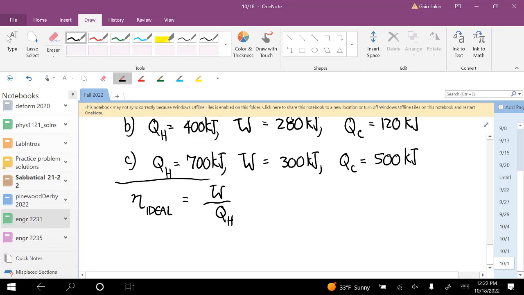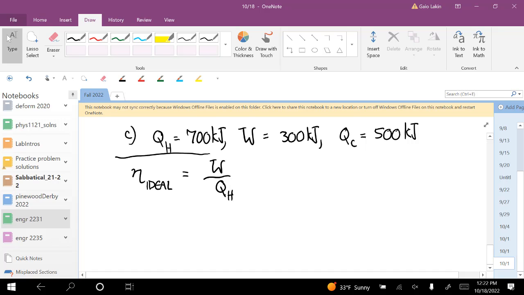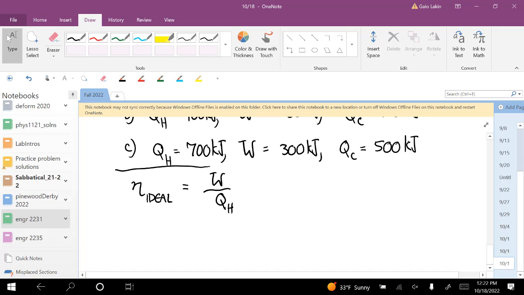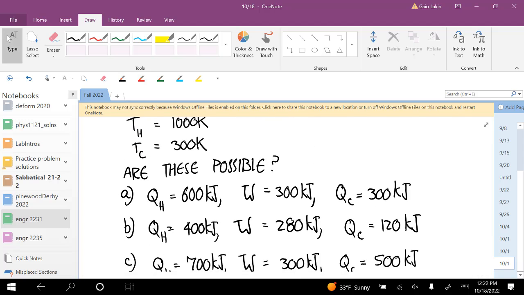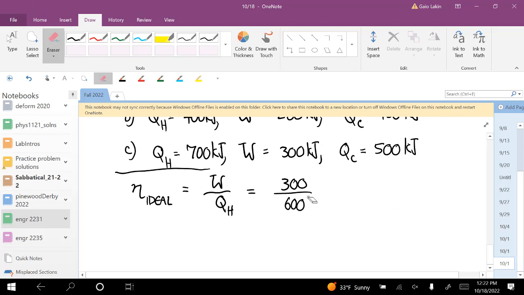Well, we're given the work. Let's check this first since I already wrote it. The work is 300 kilojoules. The heat coming in at the boiler is 600. Oh, sorry.